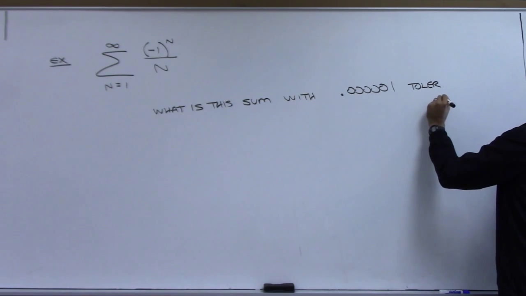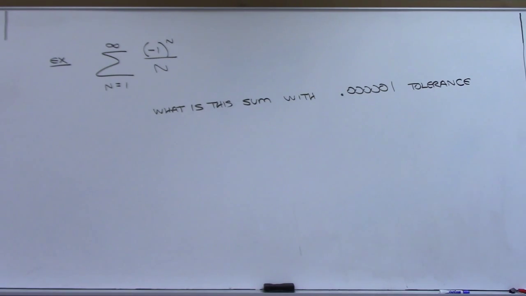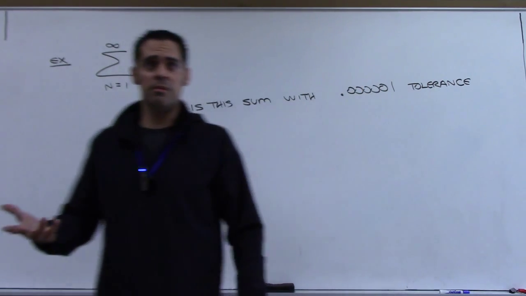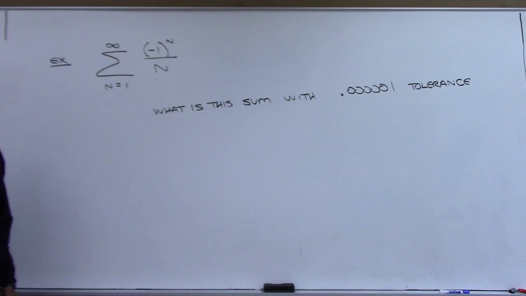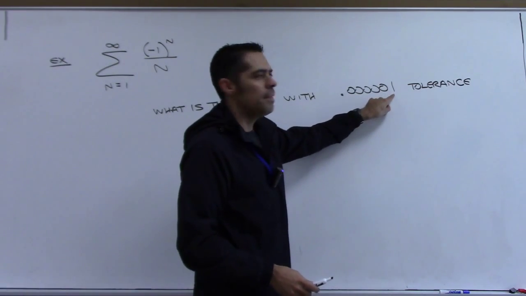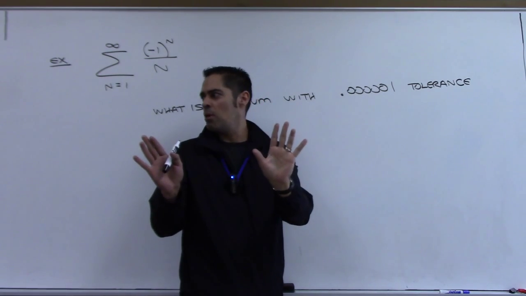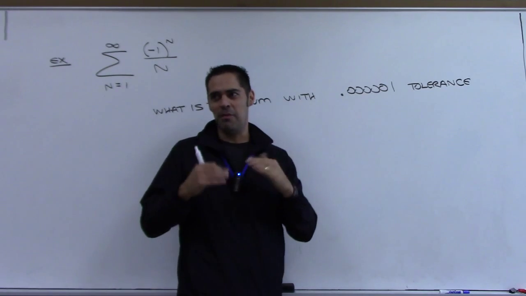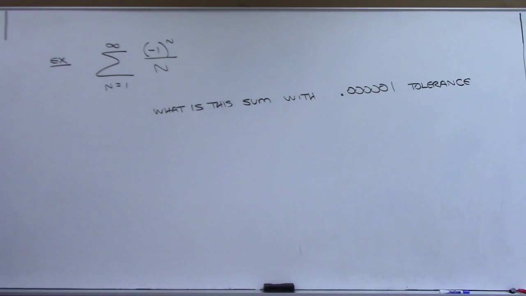We know it converges, but we don't know what it converges to. But I'm asking you to tell me what it converges to within 1/10, 100, 1,000, 10,000, within a millionth. Give me the sum of that; you can be off by 1/1,000,000th. That's okay with me. But I want you to be that close to the true answer. Understand what you're trying to do?